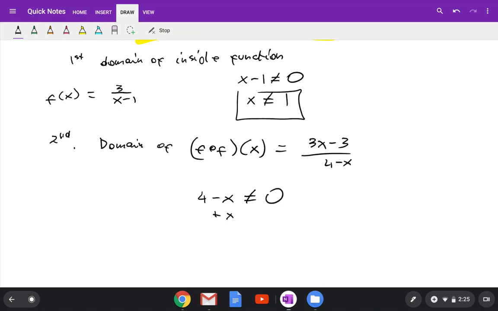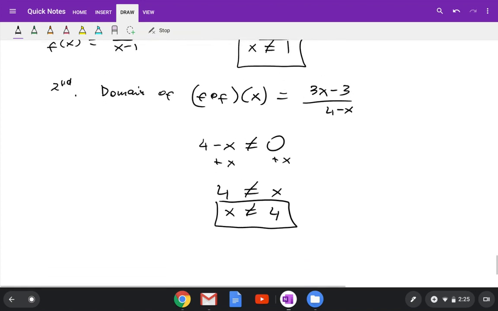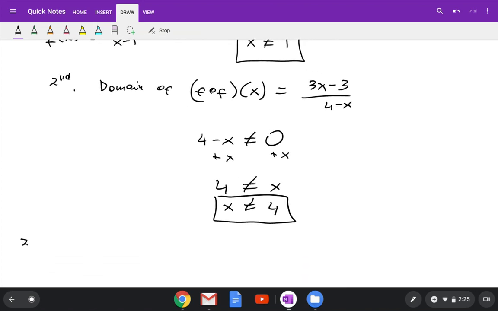Solve for x, and we're getting that 4 can't be x, which is the same as x can't be 4. And the last part, you're going to combine those two. So we have that x can't be 1 and x can't be 4, okay?